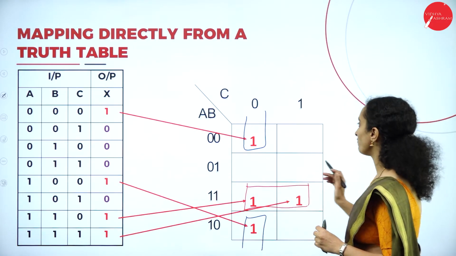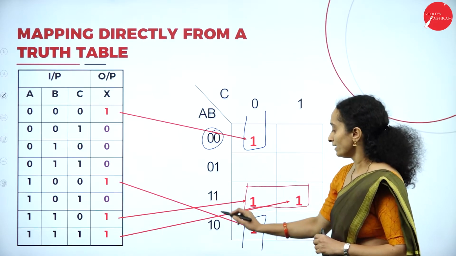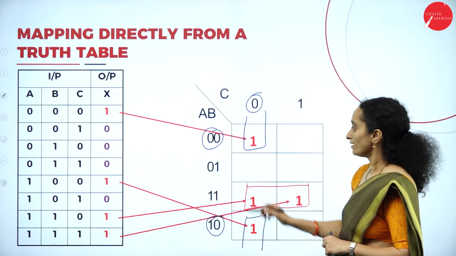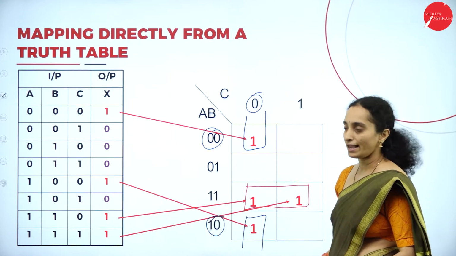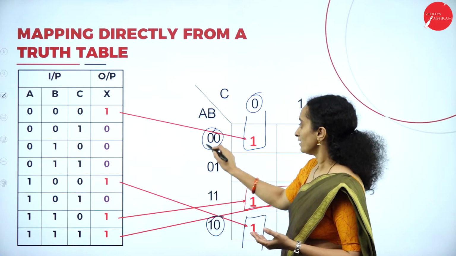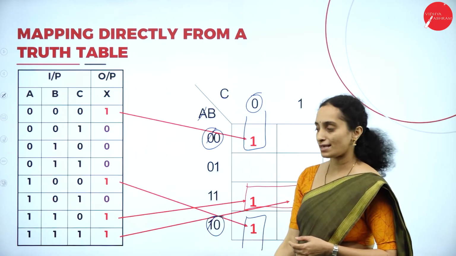When you simplify this group, you have to check these two variables and this one. Now, variable A is complementing and non-complementing each other, so it will be cancelled. Variable A is cancelled.